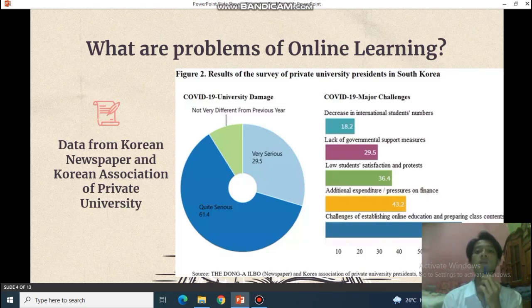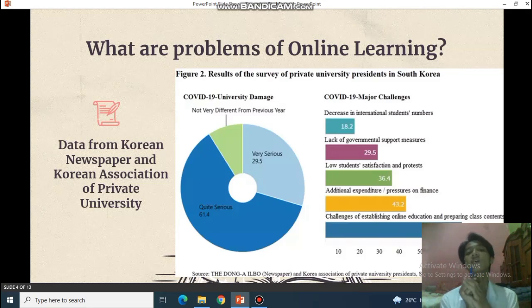According to the respondents, 18.2 thought that COVID-19 decreased the number of international students, and 79.5 thought that it is lack of governmental support measures, and 36.4 thought that it is low student satisfaction and protest, and 43.2 thought that it was additional expenditure and pressure on finance, and the rest think that it is challenges of establishing online education and preparing class contents.